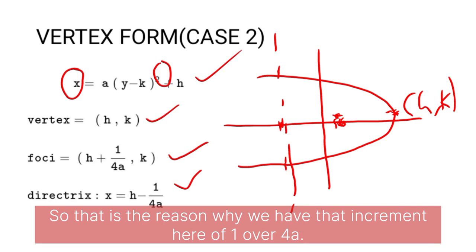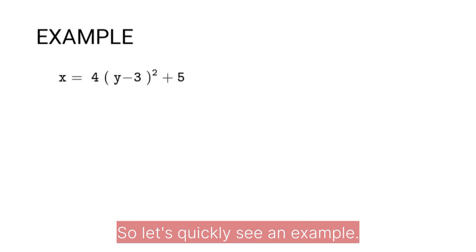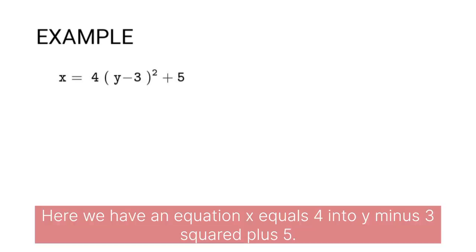That is the reason why we have that increment of 1 over 4a. Okay, so let's quickly see an example.